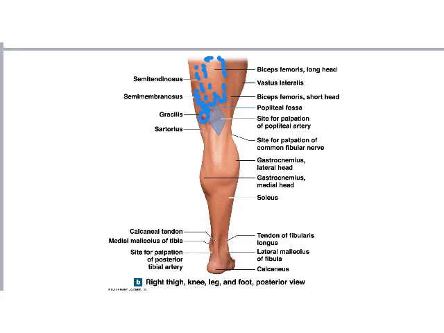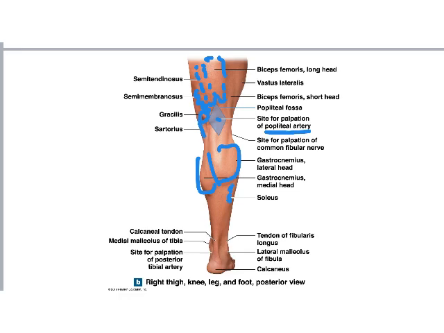You can see the insertion of gracilis, sartorius. There's that popliteal fossa again, where you can palpate the popliteal artery for a pulse. Gastrocnemius is now easy to see with both the lateral and medial heads. Soleus is a little bit deep to that.